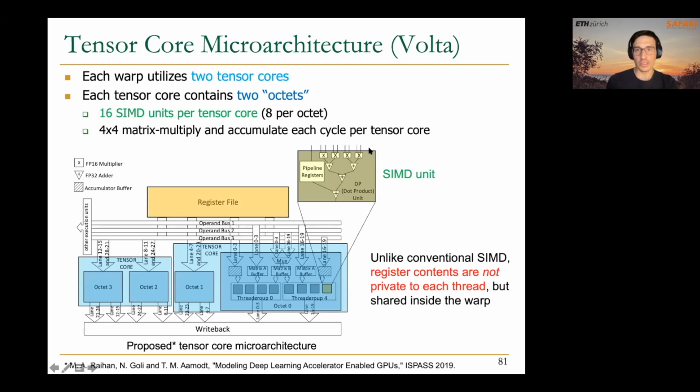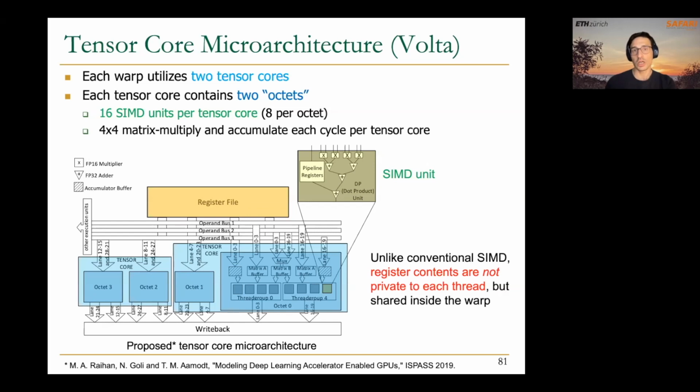In the end, as I said, this looks a lot like a SIMD unit, but one interesting characteristic of these tensor cores is that, unlike conventional SIMD units, the register contents are not private to each thread, but are shared across all the threads inside the same warp.